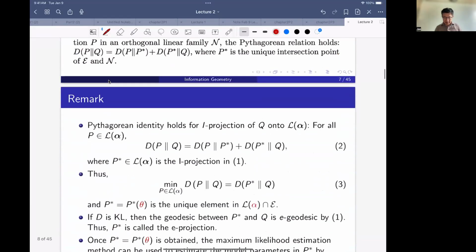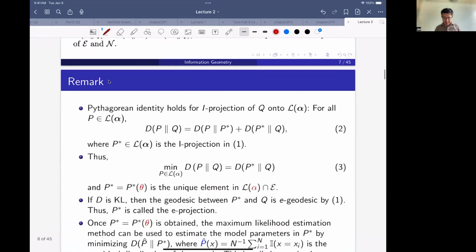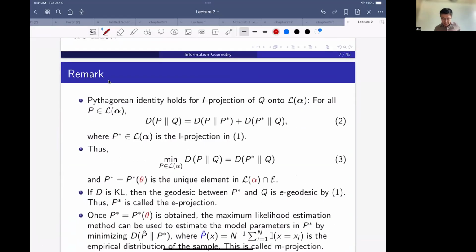So that is the main result that we studied last week. The I projection of Q onto L alpha is that we search, so Q is given, right?